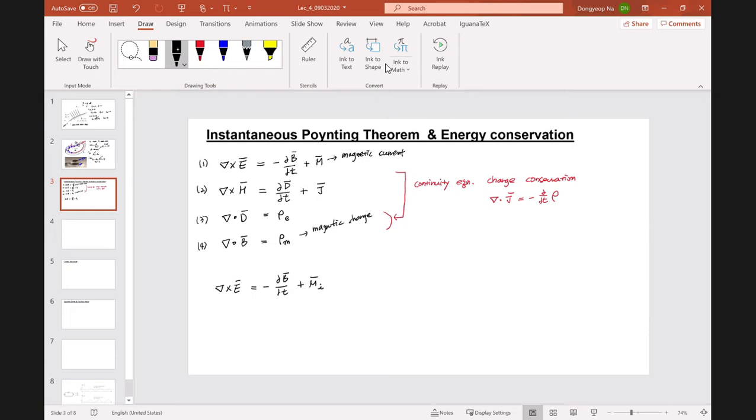Actually the subscript i means impressed source, meaning that it does not change by interaction with the environment. It's just the source. It does not change.